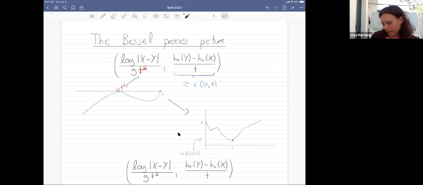So you're most likely to pick a y that comes from the point where you could make the field as high as possible. And this actually means to come as close to the barrier as possible. And this coming close to the barrier is exactly this minimum of the Bessel process. It happens at a certain random time, and it happens at a certain random height. And this is exactly what you observe in this picture.